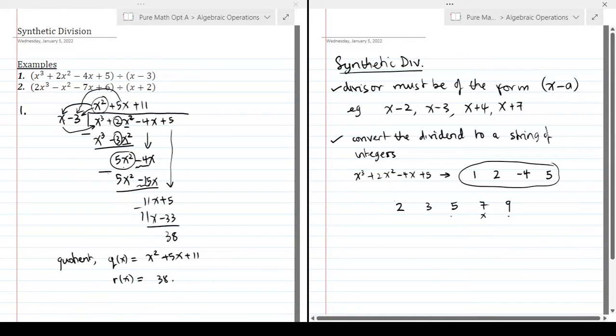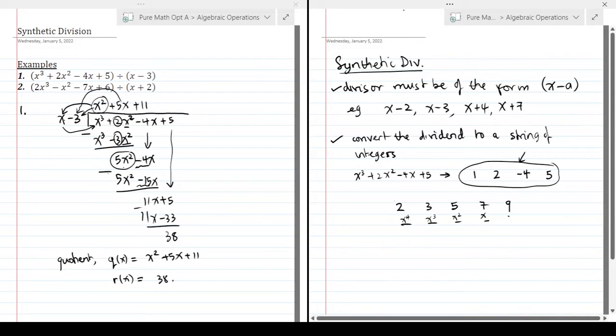This will be a term in x. This will be a term in x squared. This will be a term in x cubed, and this will be a term in x to the power 4. So it's not possible to confuse it, even when you are leaving out important things like x to the power 4, x cubed, and so on, right? So this is undeniable.